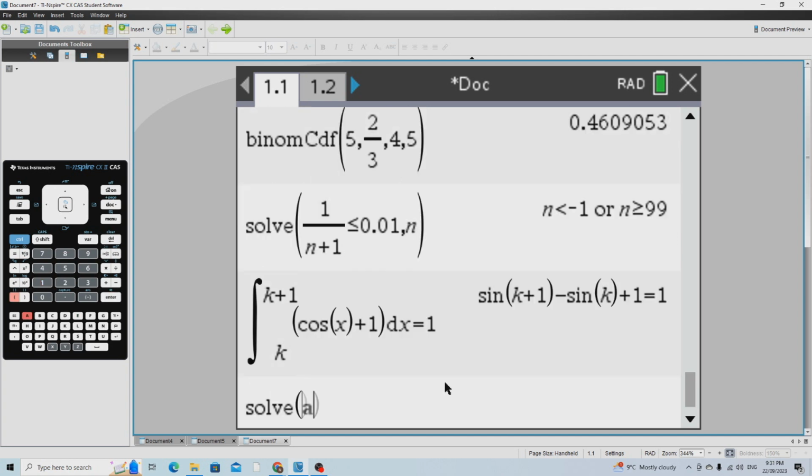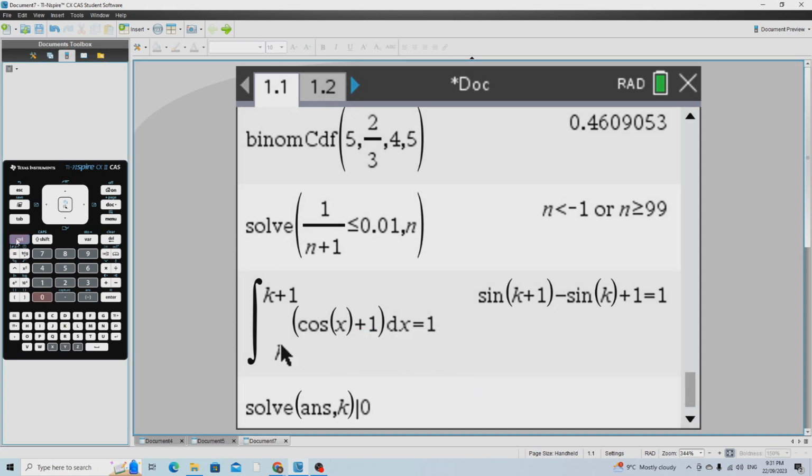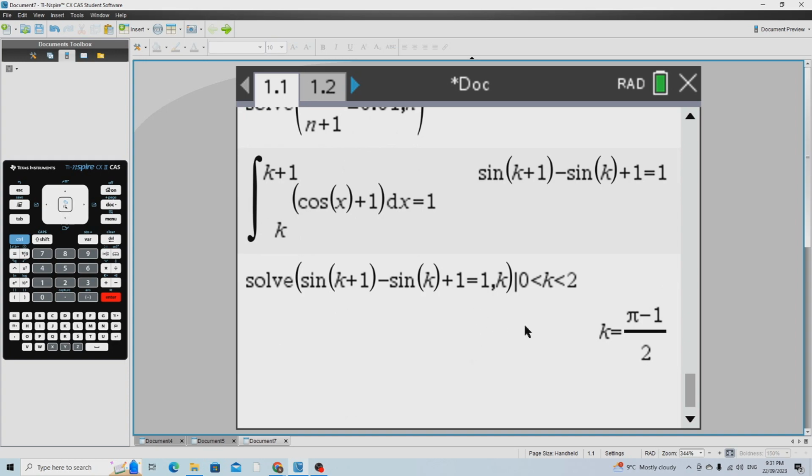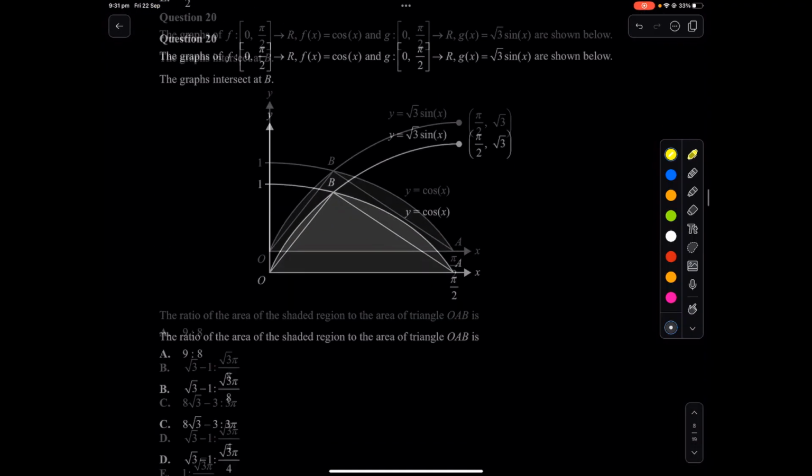We want to solve for k, given that k is between 0 and 2. Enter that, and we get pi minus 1 over 2. So choose D.